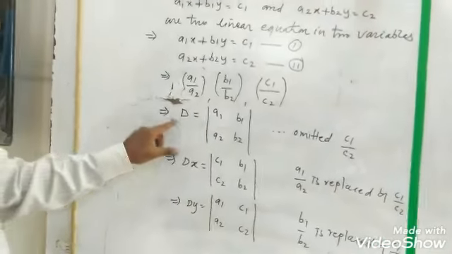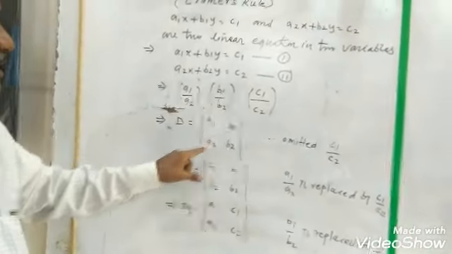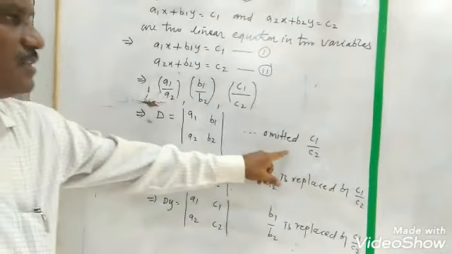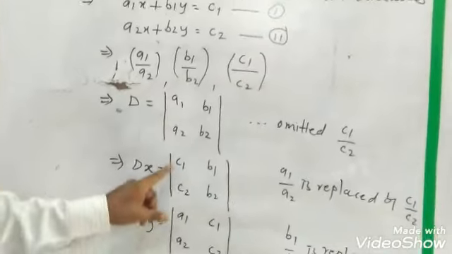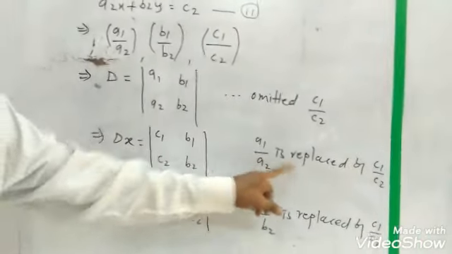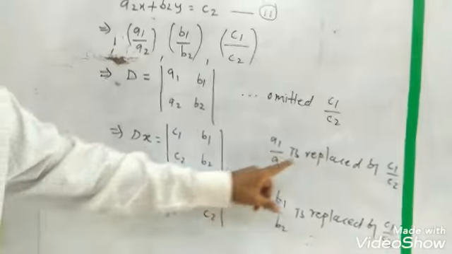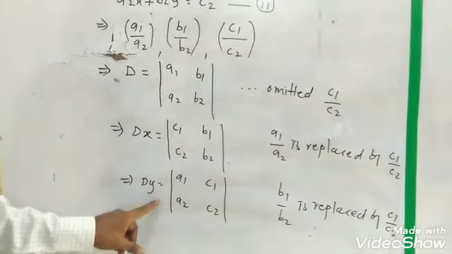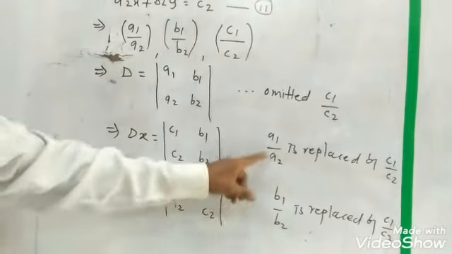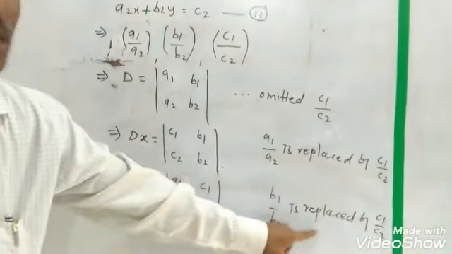We get, that is determinant of value D is equal to a1 a2 b1 b2, here c1 c2 omitted. Dx, the value of Dx is equal to determinant of order 2, c1 c2 b1 b2, here a1 a2 is replaced by c1 c2. And Dy is equal to determinant of order 2, a1 a2 c1 c2, b1 b2 is replaced by c1 c2.